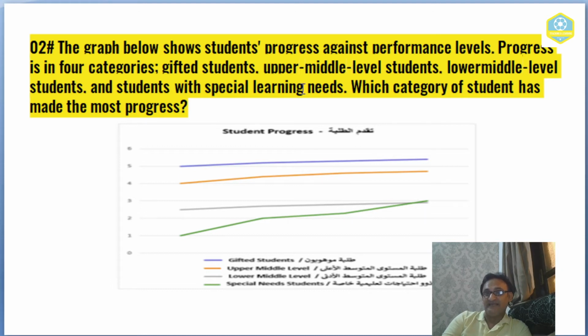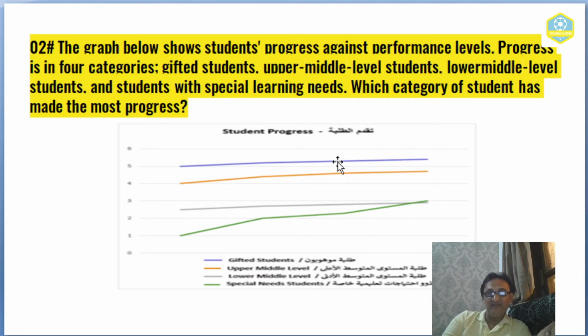Now, which category of student has made the most progress? If you have questions like a bar chart or line chart, you have to be careful and measure the progress from line to line, step to step.